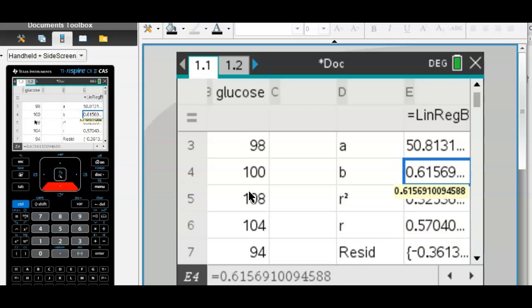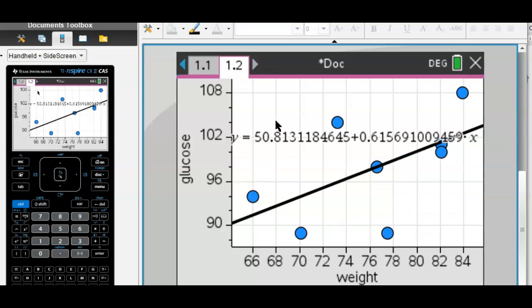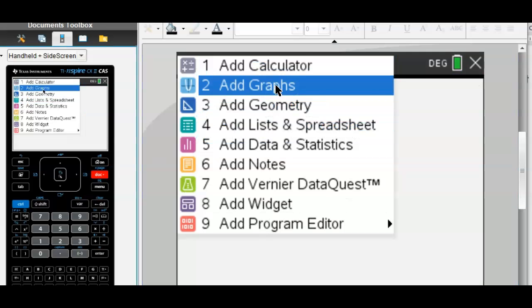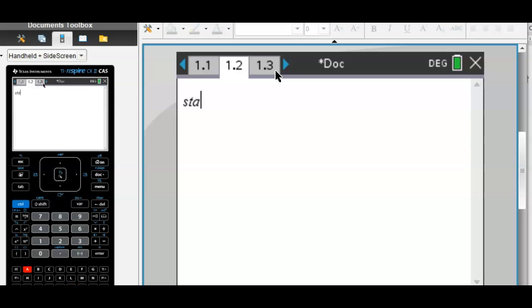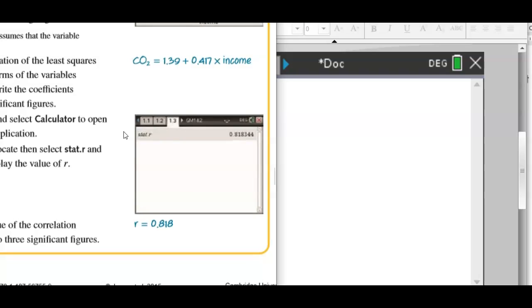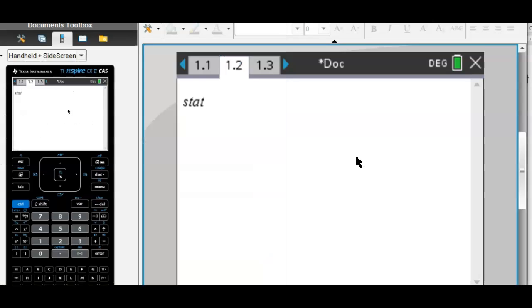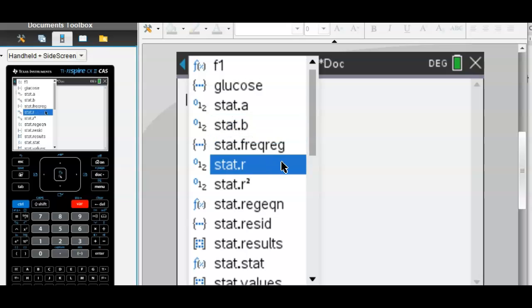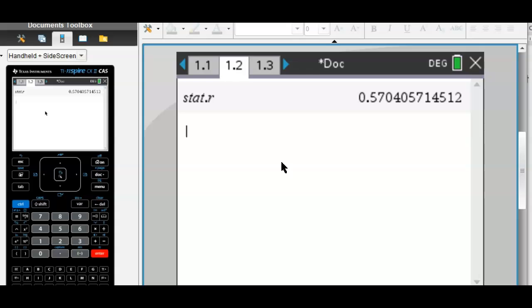Okay, so that's how I would usually get the equation. I think it's a good idea to use the scatter plot to get your equation, and to use this to get R. Now, the other way you could get R, and this is what the calculator is saying, you can do var, and then we want stat R, and there it is.